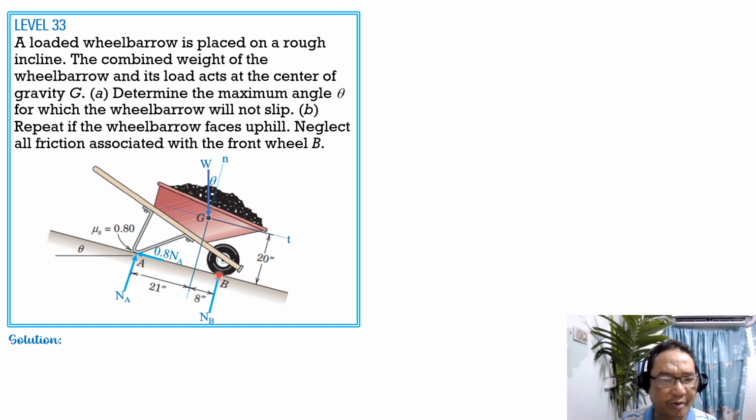So summation of moment about B equals 0. So we have NA times 29 plus W sine theta times 20 inches. The tangential component of W is towards the positive tangential axis, and its moment is also clockwise just like NA, so that's why it's plus.